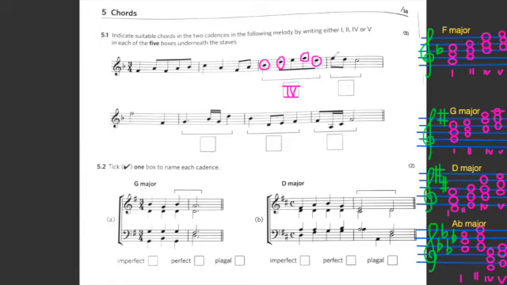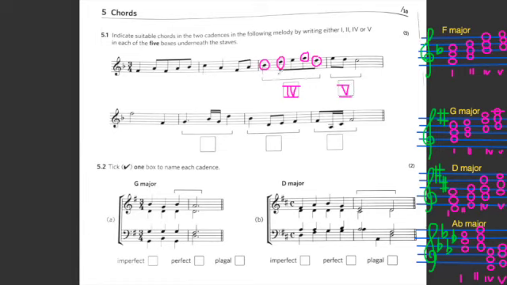Then we have E, D, and C. For E, we have chord number 5. For D, we have chords 2 and 4. For C, we have chord number 1, but chord number 5 has both E and C in it.